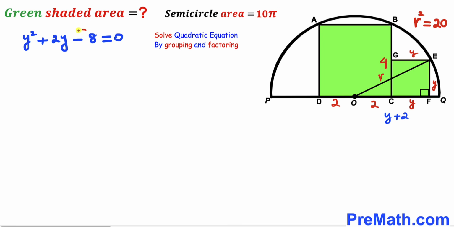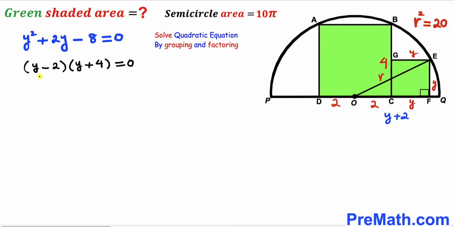And now let's focus on this constant negative 8. This could be broken down to negative 2 times positive 4. And if we add this negative 2 and positive 4, we are going to get this positive 2 indeed. So therefore we are going to have factors (y minus 2) times (y plus 4) equal to 0.